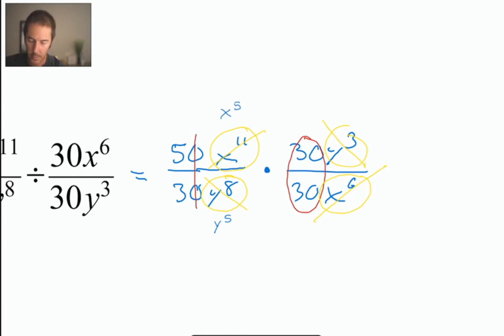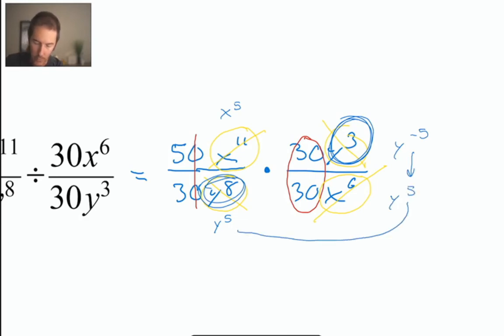So you could have done 3 minus 8 gives you y to the negative 5, and then push that into the denominator as a y to the positive 5, which is what I wrote right here. So if you want to use that technique, you are welcome to.